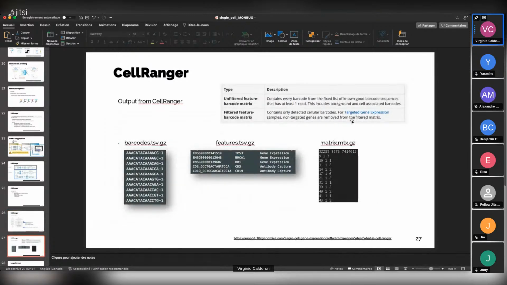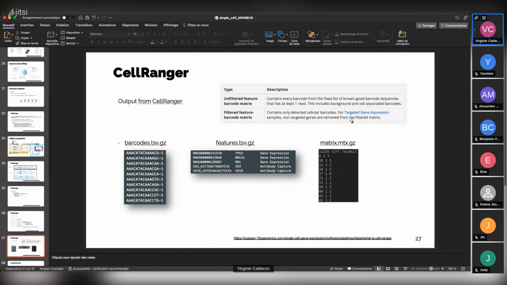So what we want as a bioinformatician from Cell Ranger are these three files. We are interested in matrices. We need the unfiltered or the filtered matrices, depending on what you want to do or where you want to start. We need the barcode file. This is all the tags that were sequenced in your experiment. We need a feature file that explains all the features that have been captured. Usually it's only gene expression, so you have the list of all the genes captured in the experiment.